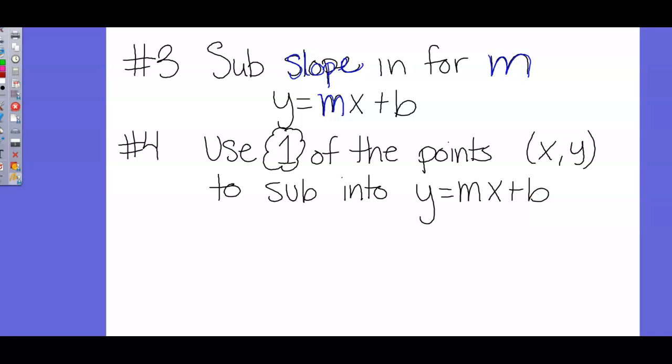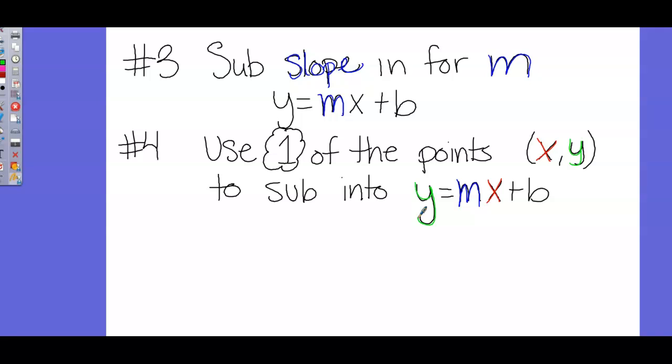So your m you already have. Your x is going to come from this point right there. And then your y will go right there. So the only thing in your equation now that you should be missing by this step is your b.